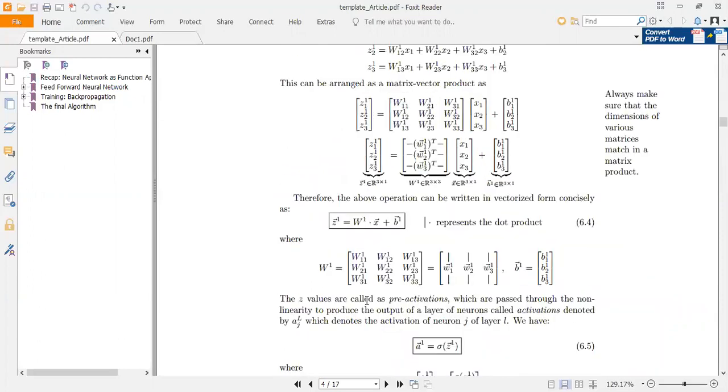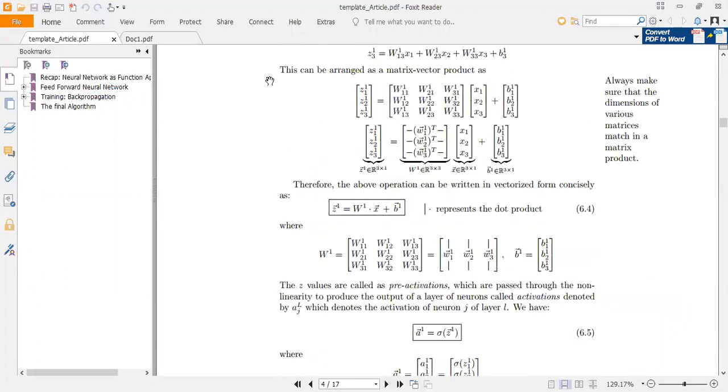And we saw this general equation here. The general equation is the pre-activation at layer L denoted by ZL. So this is a vector, something like Z11, Z12, Z13.